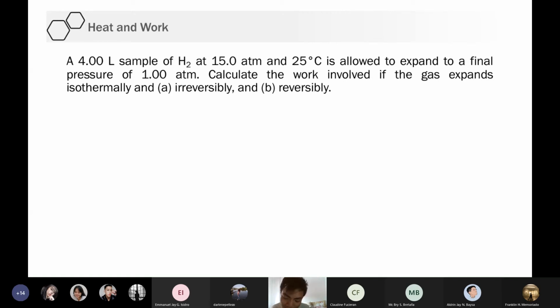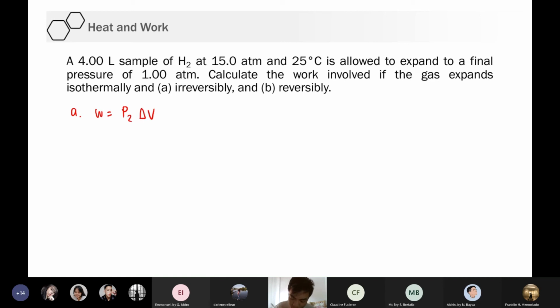Okay, ganito lang. So A, irreversibly. Sabi natin kapag irreversible expansion, W equals P external times delta V. Diba?